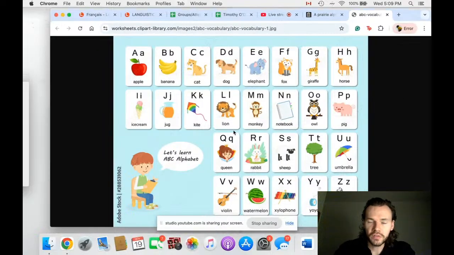So, this is what we looked at last week, right? Every single letter of the alphabet. Before we look at a prairie alphabet, let's just sing our ABCs one time. Okay? To warm us up.